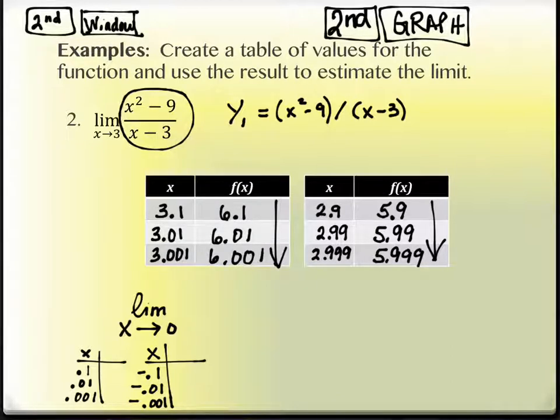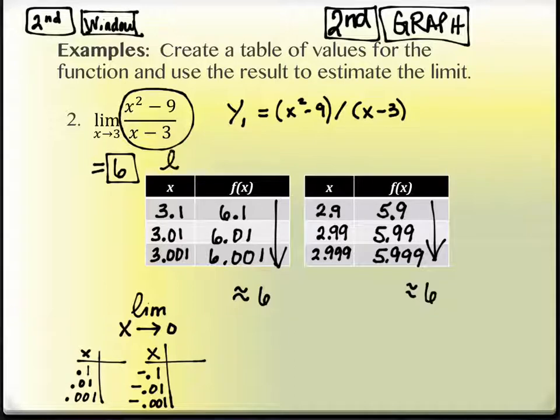Well, on the left-hand list, this looks like it's approaching what? 6, and on the right-hand list, it's 6, and they match, right? They're the same. So we would say that this limit is equal to 6 because they both match.